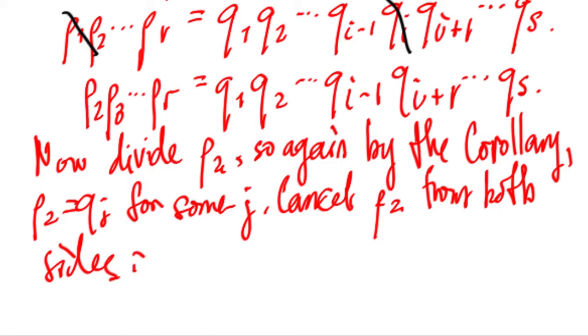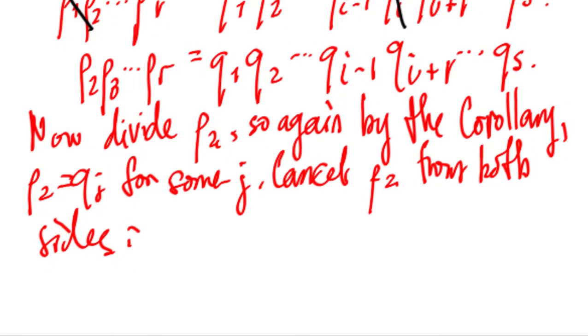So what do we have? Canceling p sub 2 on both sides, just imagine from this part. If we cancel p sub 2, it can be cancelled over here, and there will be some q sub j here. So let's write that clearly.